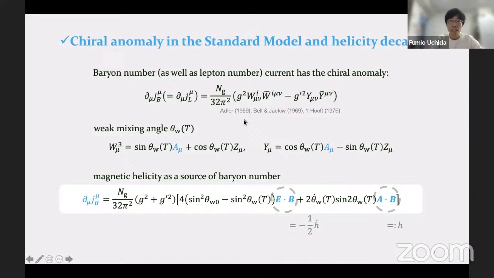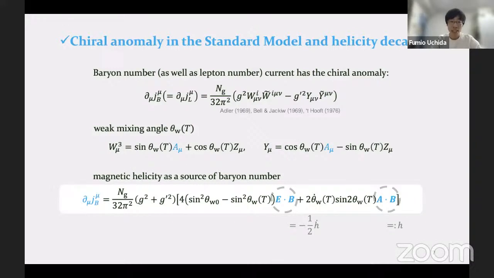And here is the contribution from SU(2) gauge fields, and here is the U(1) gauge field. These gauge fields, especially W3 and Y, are mixed by a parameter theta_W and leave just one massless U(1) degree of freedom, A_mu, which is, of course, the electromagnetic field.